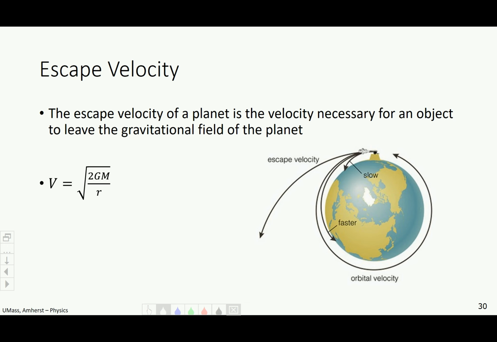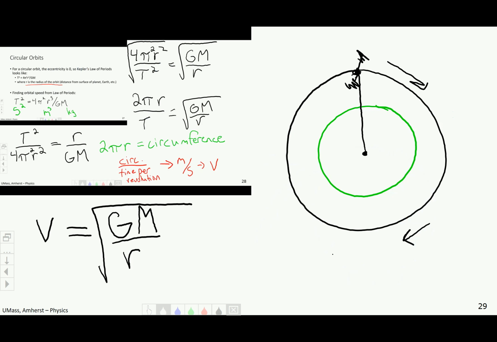Real quick, kind of pivoting away just to make the distinction. When you think about rockets, you hear this thing called escape velocity. Escape velocity is different than orbital velocity. What we just did was orbital velocity. This is the speed that something that is in a constant orbit has as it circles around.